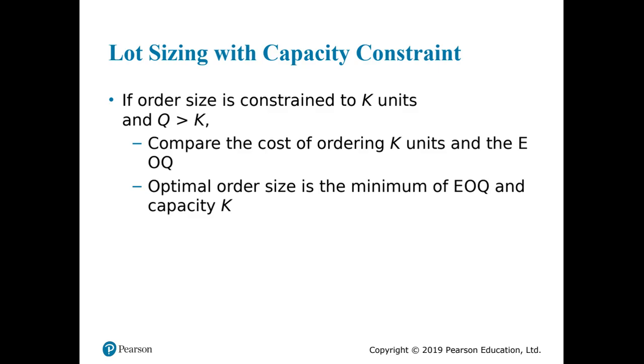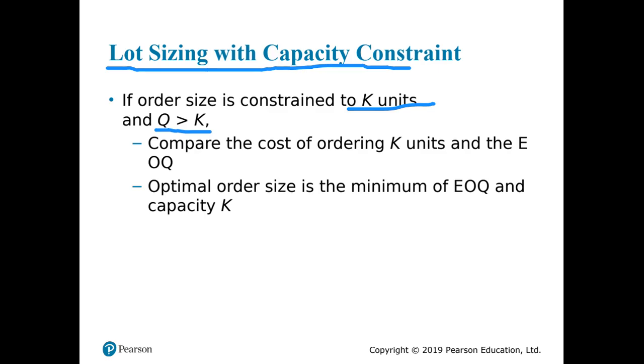Lot size with capacity constraints. Lot size is dependent on the capacity, and if our order size is constrained to, say, K units, then Q has to be limited to K units. If the quantity demanded is higher than the constraint, compare the cost of ordering K units and the economic order quantity.